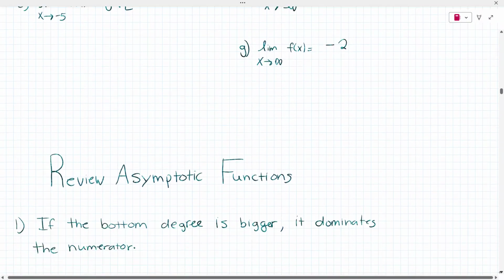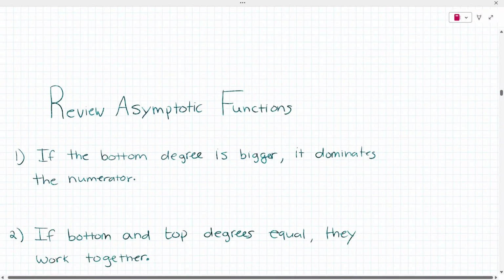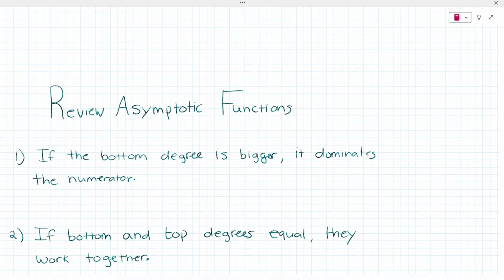Let's review asymptotic functions, basically the rules for horizontal asymptotes. If you recall, if the bottom degree is bigger, it dominates the numerator. If the bottom degree and the top degree are equal, they work together. So what does that mean?